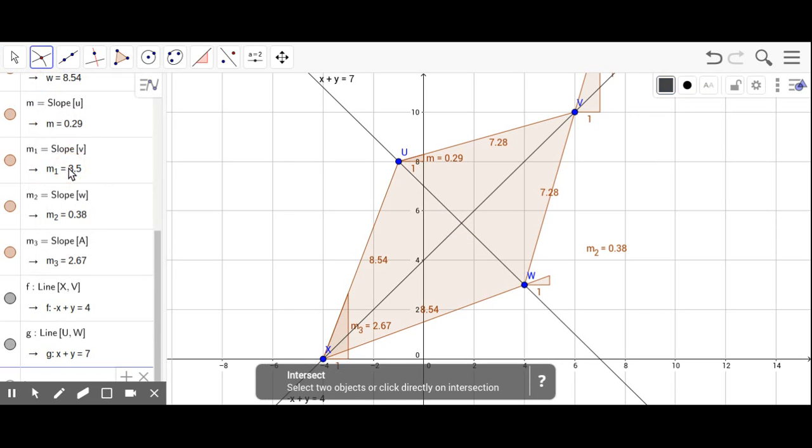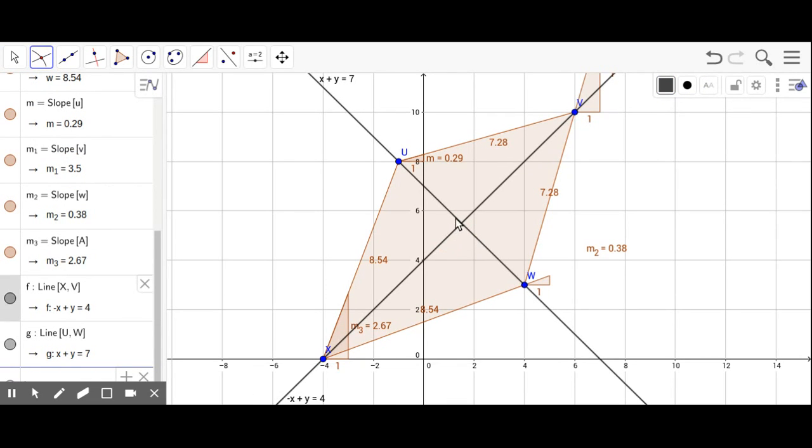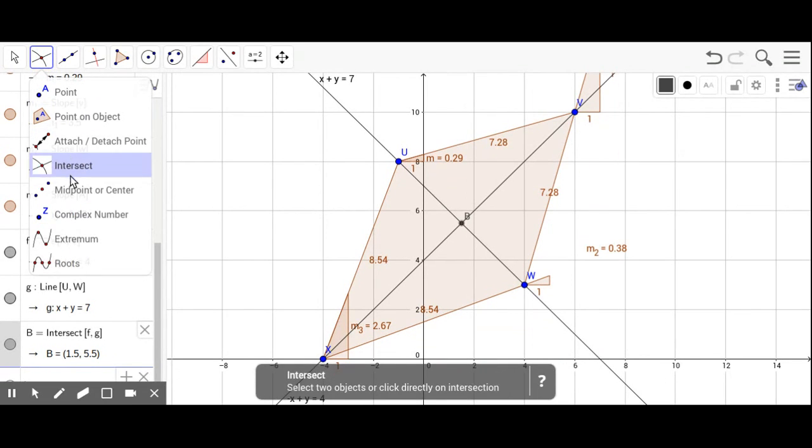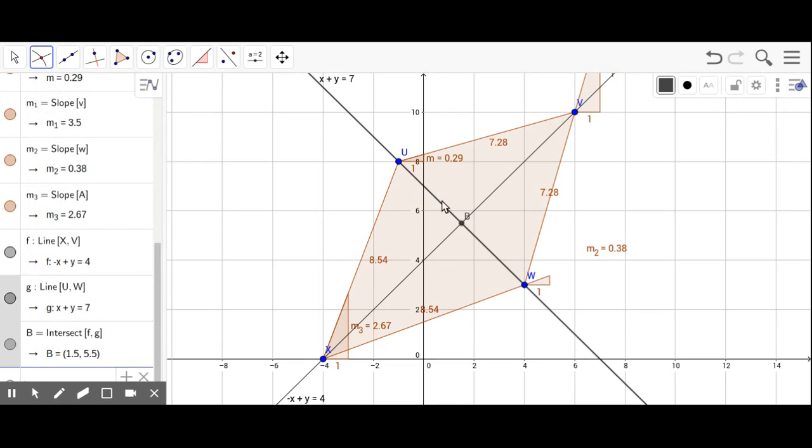And now finally, I'm going to find out where these two lines intersect. They intersect at the point B, which is 1.5 and 5.5, and that matches up with our answer. Awesome. Okay. Finally, what we could do is work out the midpoint of UV. If we look at the midpoint there, the midpoint of UV is also the intersect of those lines.